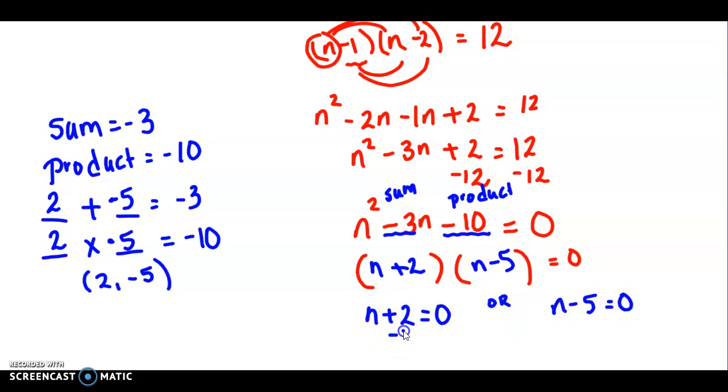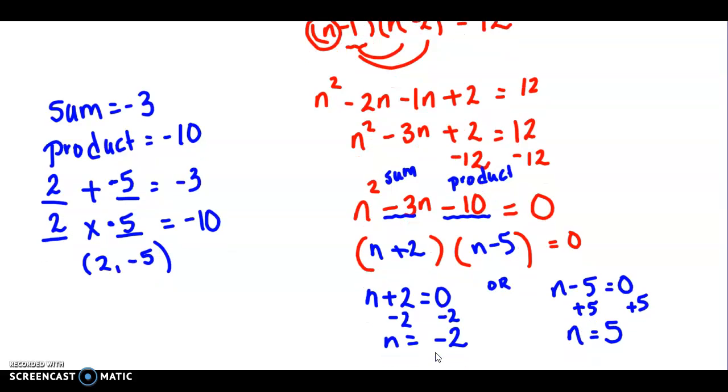Solving each of those for n, in this case, subtract 2 from both sides, we end up with n equals negative 2. In this case, we have to add 5 to both sides to get n by itself. n equals 5. And one last piece here is that we are solving for n in a permutation.